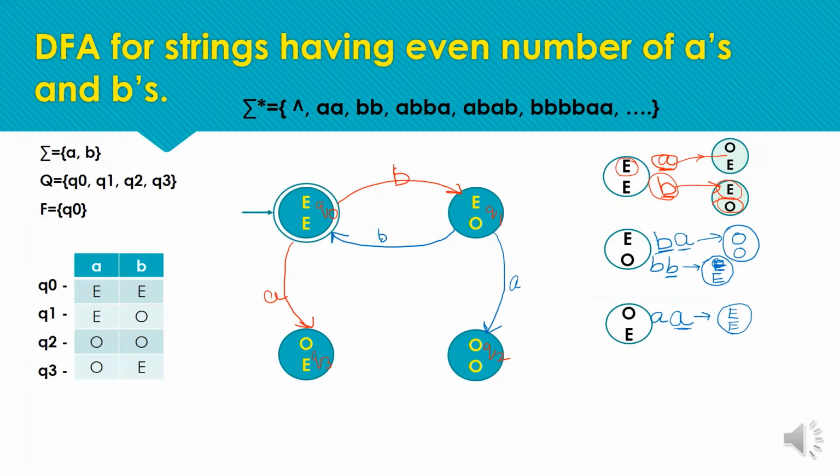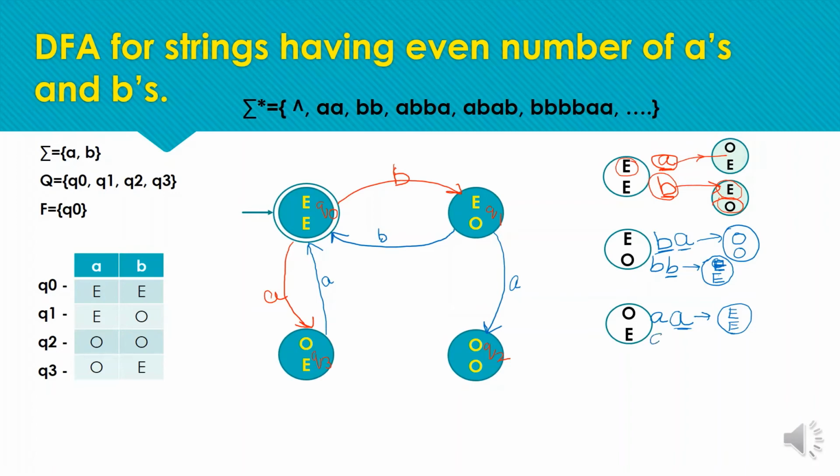So we have to move to the EE state, as the number of A's has changed from odd to even. So whenever a pattern is changed, we have to change the state accordingly.